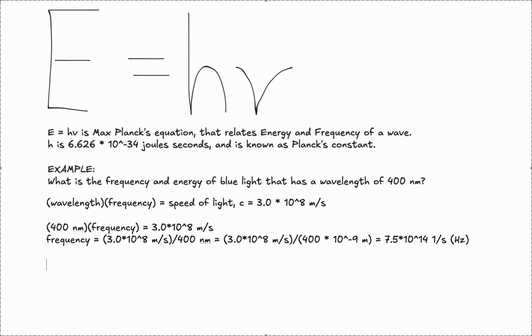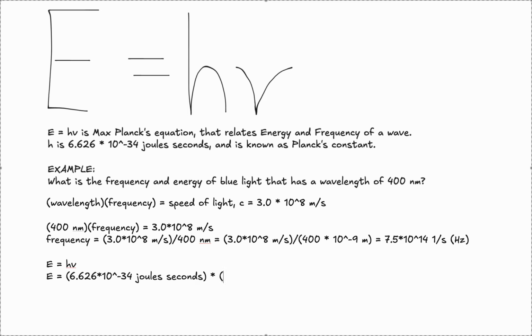Now that we have our frequency, we can plug it straight into E equals hv, right? So E is equal to Planck's constant, which is 6.626 times 10 to the power of negative 34 joule seconds. Are you starting to see how seconds will cancel here, leaving us with just joules?